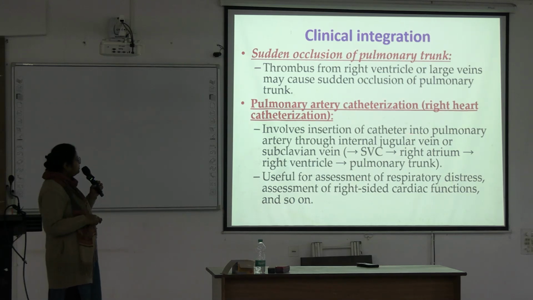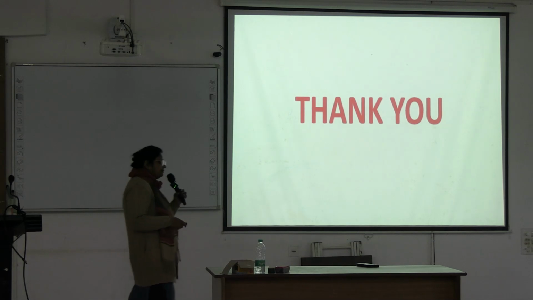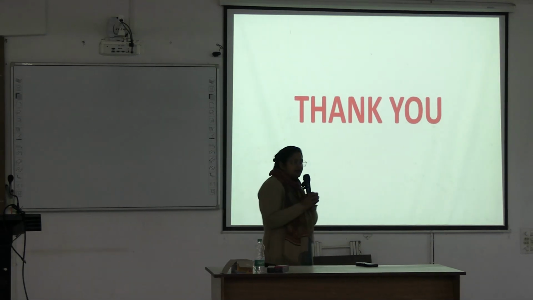So the catheter will enter through the superior vena cava to the right atrium, to the right ventricle, then into the pulmonary trunk. This is the route, and it is useful for assessment of respiratory distress, assessment of right-sided cardiac functions, and so on. Okay, that's all. Is it clear up till this?